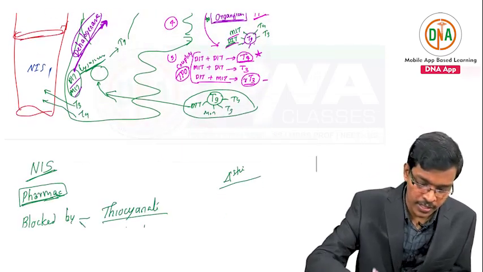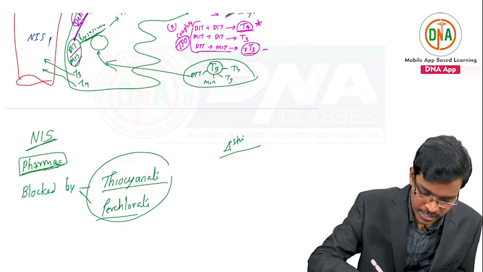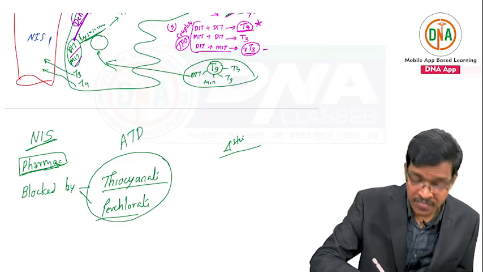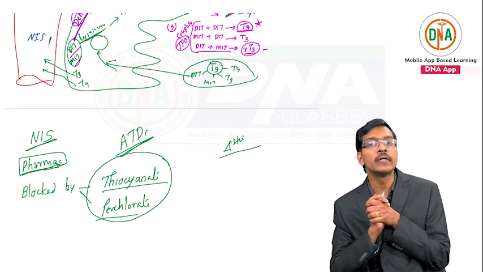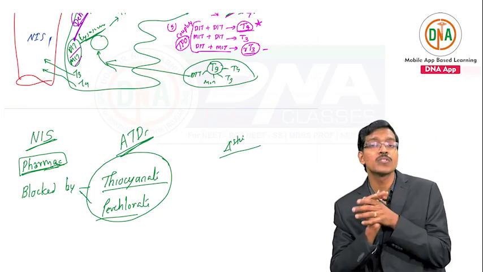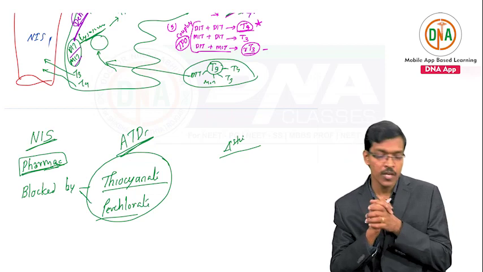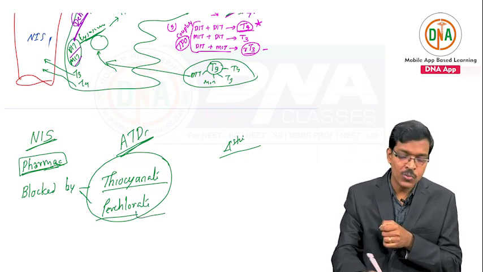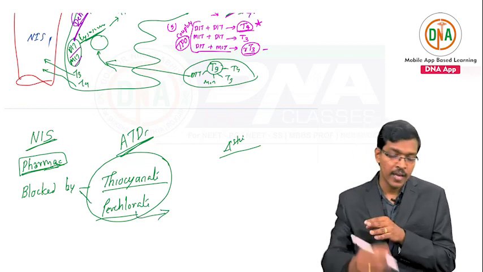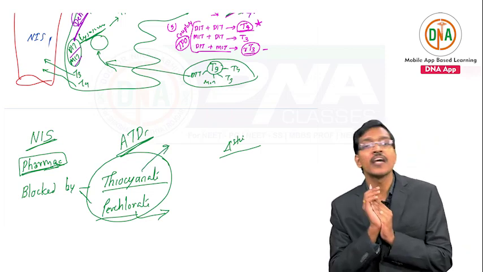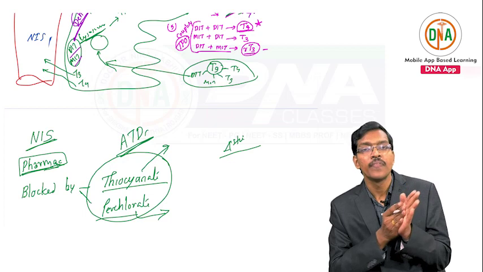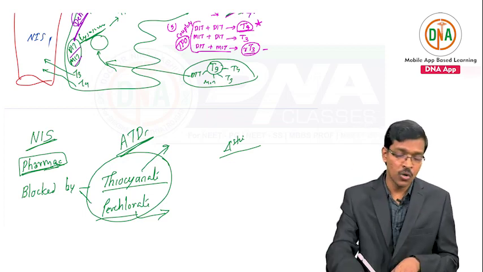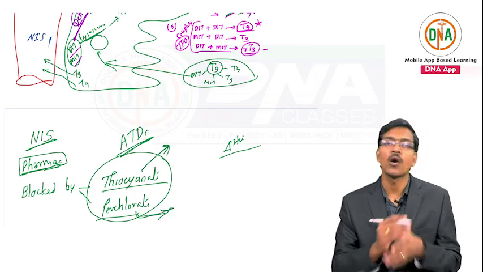These are antithyroid drugs which were previously used, but they are not used nowadays because of toxicity. For example, perchlorate is associated with aplastic anemia and thiocyanate with psychosis. We have better drugs with better side effect profiles that we'll be studying, so we are not using these two drugs now.